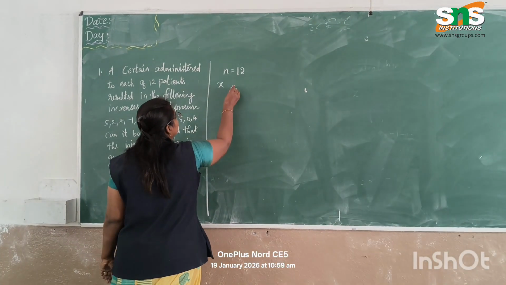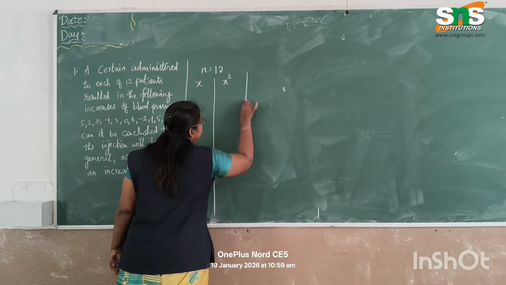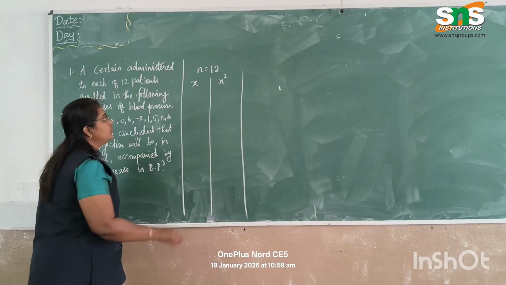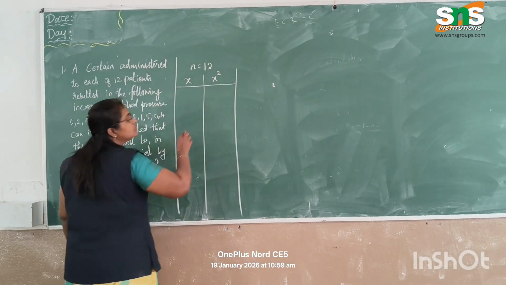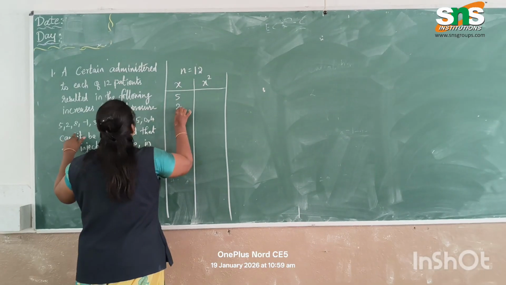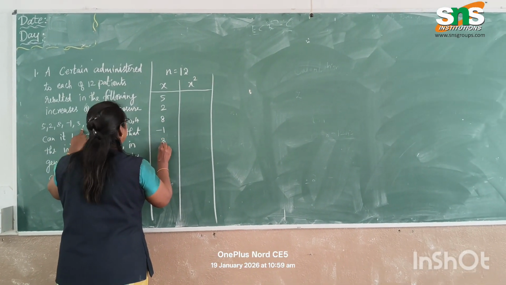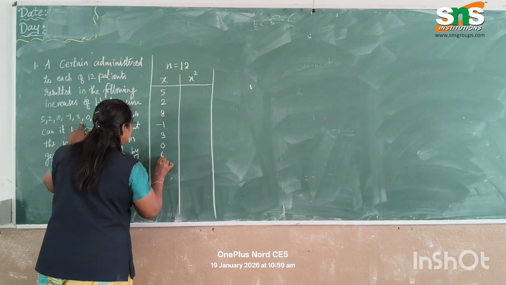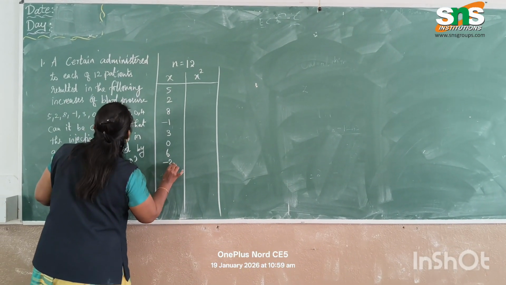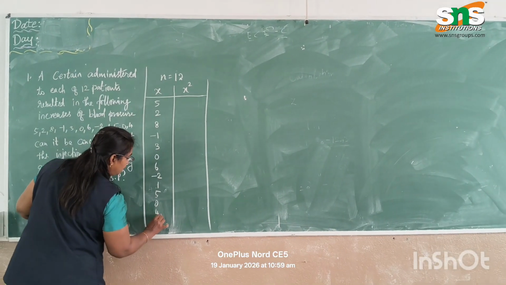First I choose x and then x square. Based on these two values, we can calculate the t test value. The first values are 5, 2, 8, minus 1, 3, 0, 6, minus 2, 1, 5, 0 and 4.